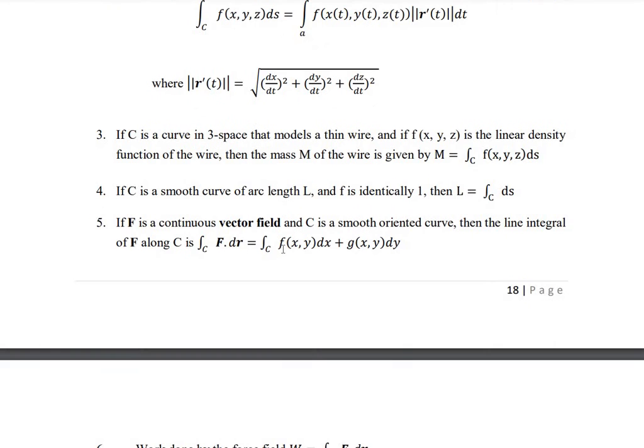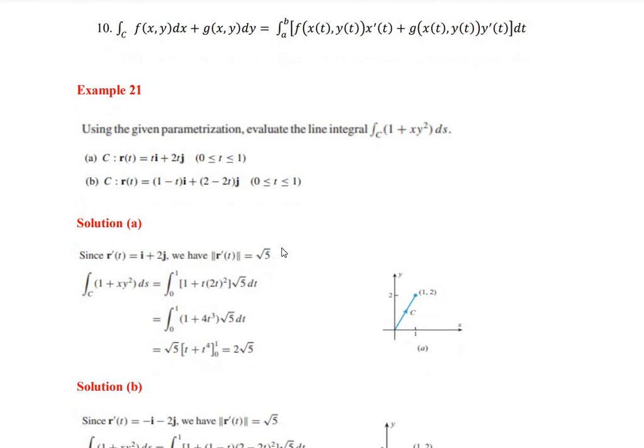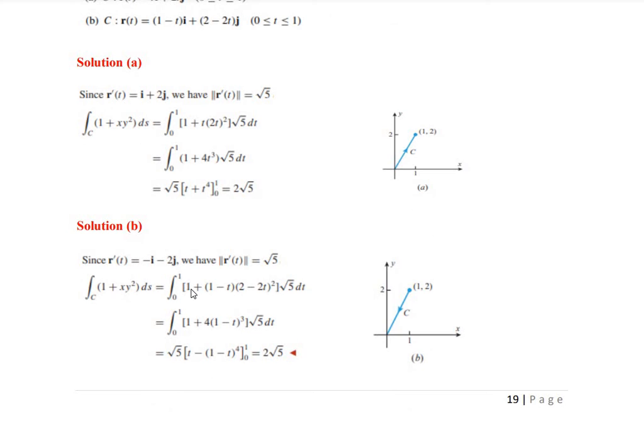Okay, so here it is f of x of t, y of t. When you give x is equal to 1 minus t and y is equal to 2 minus 2t, the given f of x,y becomes 1 plus x into y square, so x is 1 minus t, y square is 2 minus 2t the whole square, into norm of vector r dash of t, that is root 5, into dt.